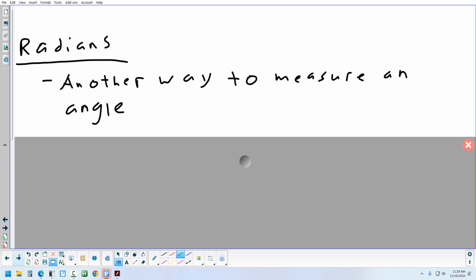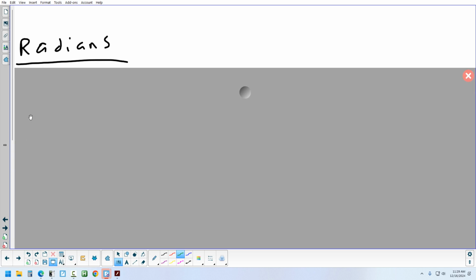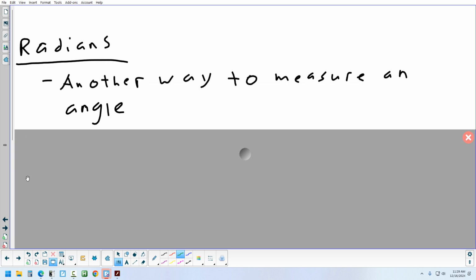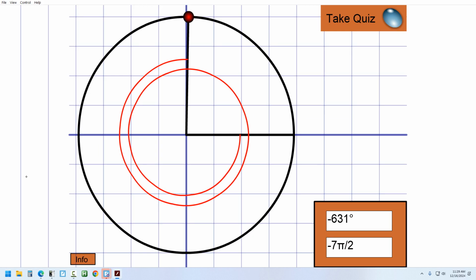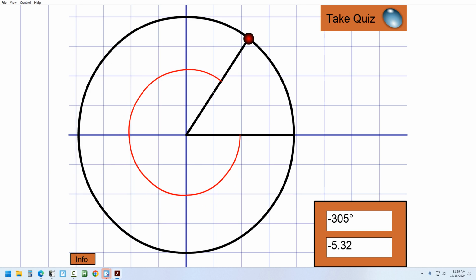All right, so the other way that we can measure an angle is radians. So when I showed you guys this before, you see that number below the one that's in degrees, that's a radian, negative 5.32 radians.